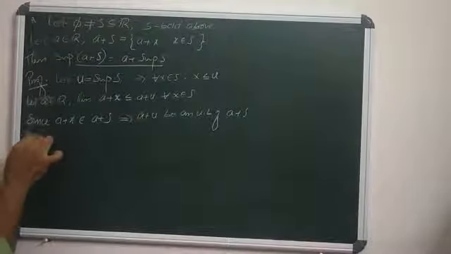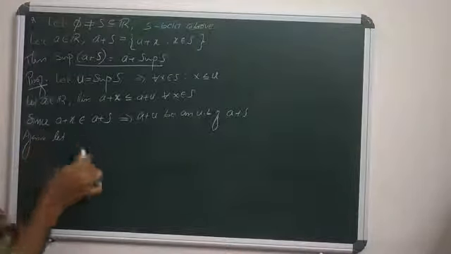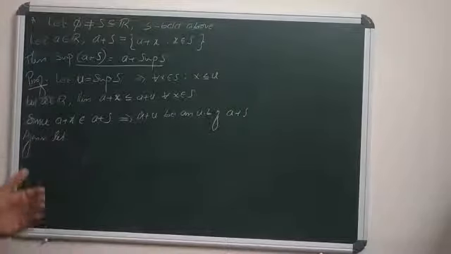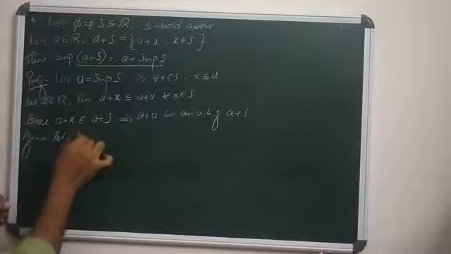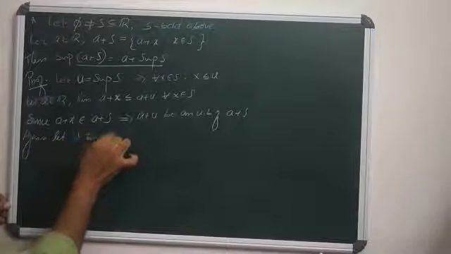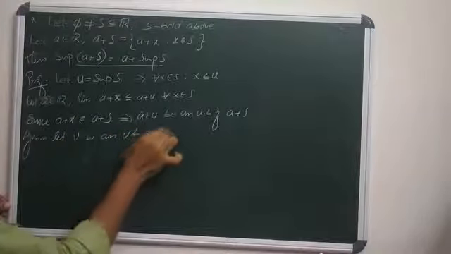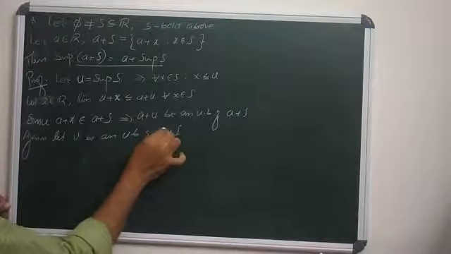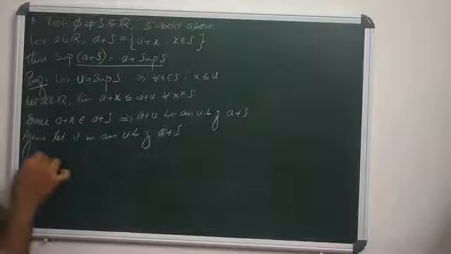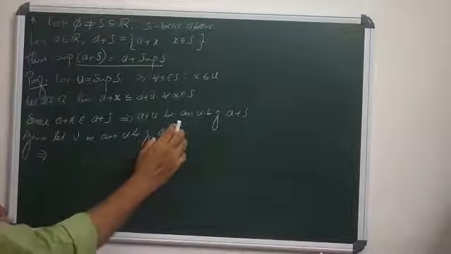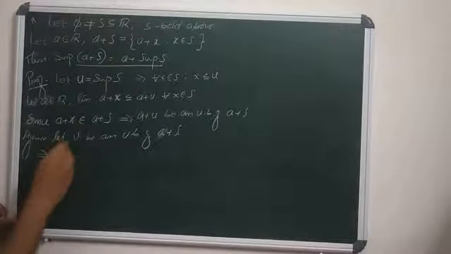We know that there are infinitely many upper bounds, so we choose another upper bound. Let v be an upper bound of a plus S. What is the form of an element in a plus S? That is a plus x.